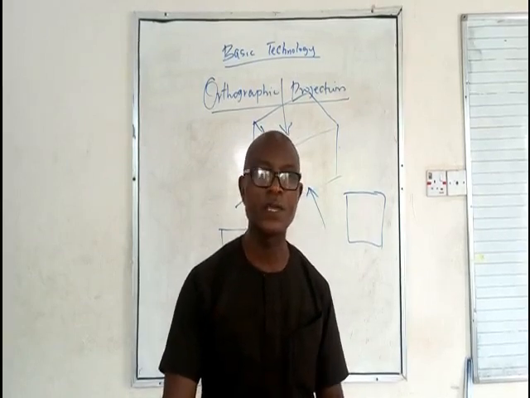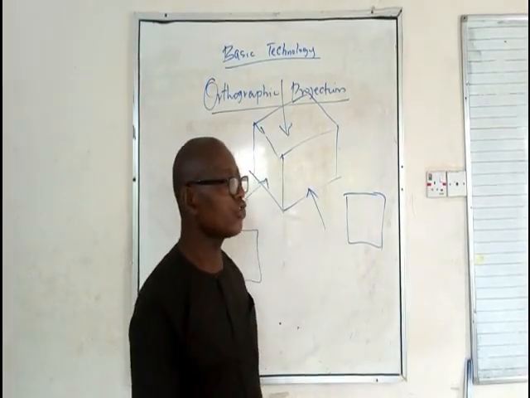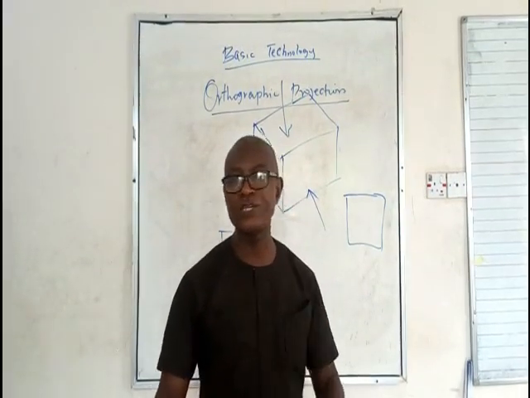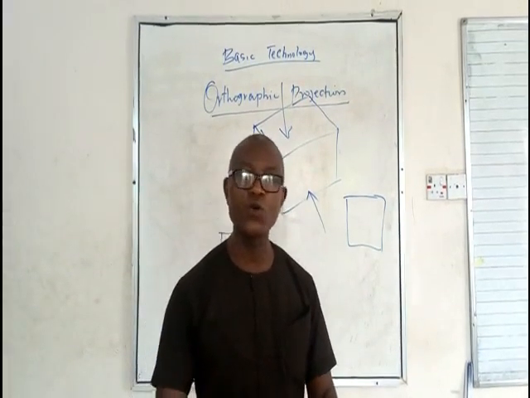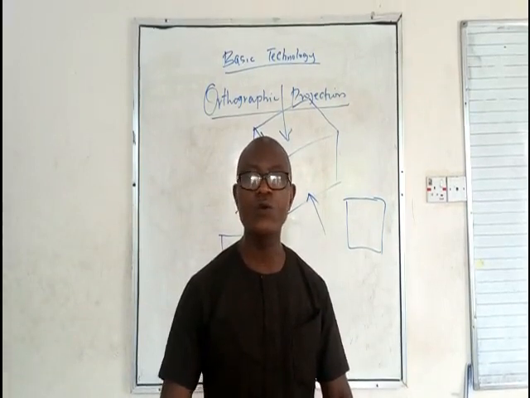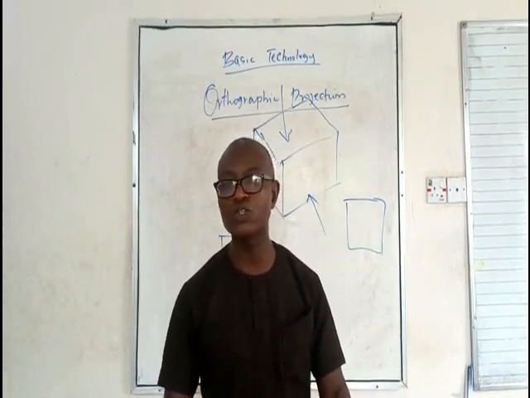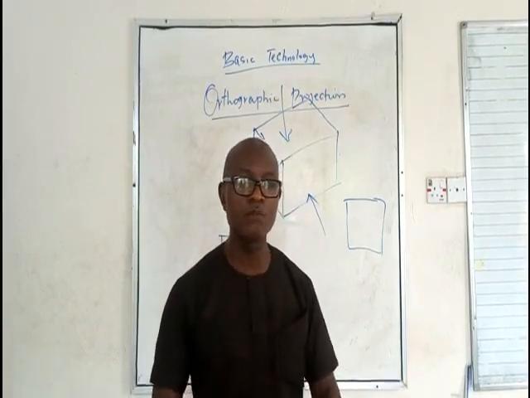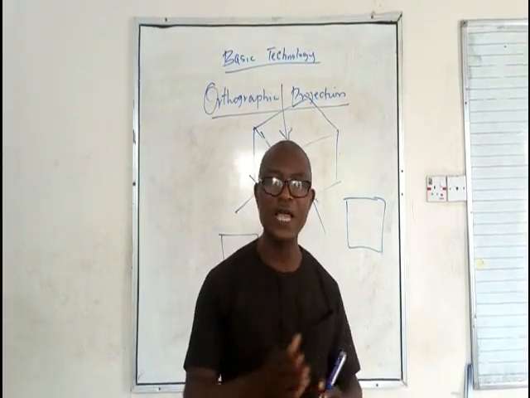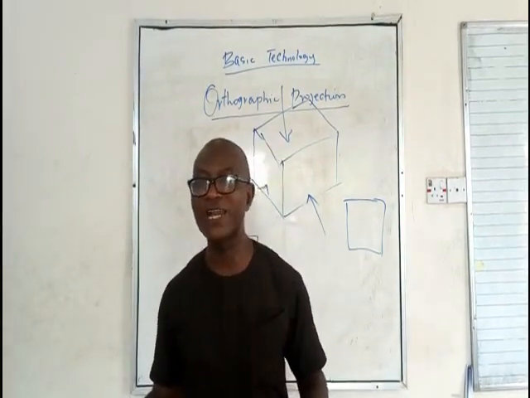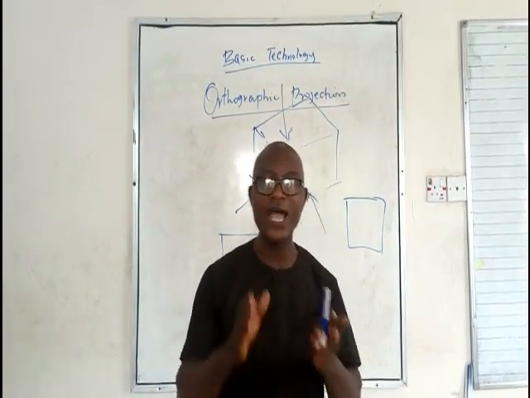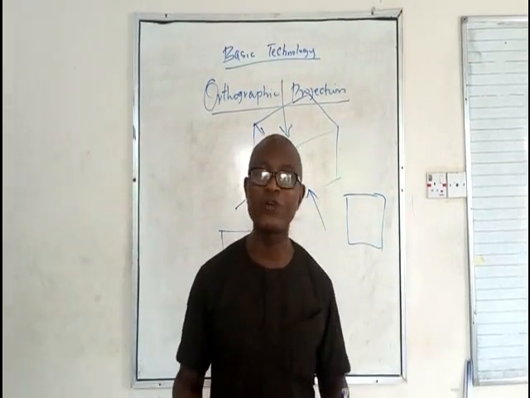Before you take up any construction, of course, we need to put down what we call the working drawing. The working drawing is all about putting the objects in orthographic projections, into different views and different sections, before you can then couple them to give you what we call the isometric or the pictorial drawing.